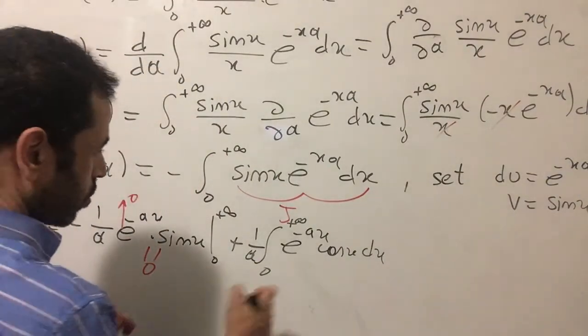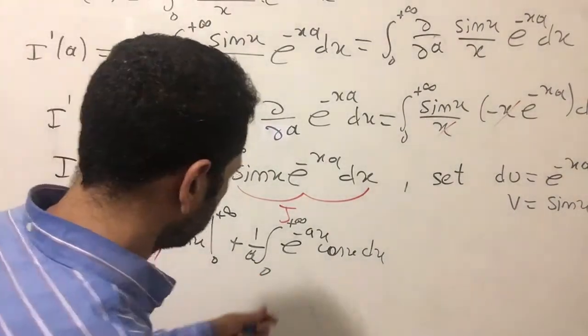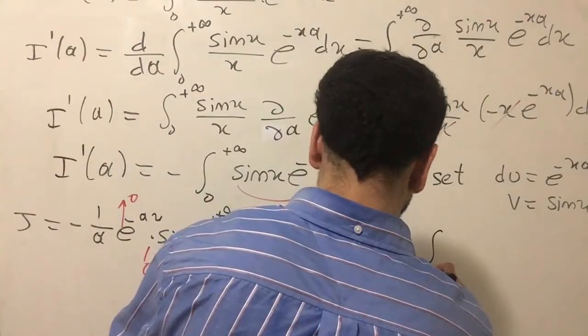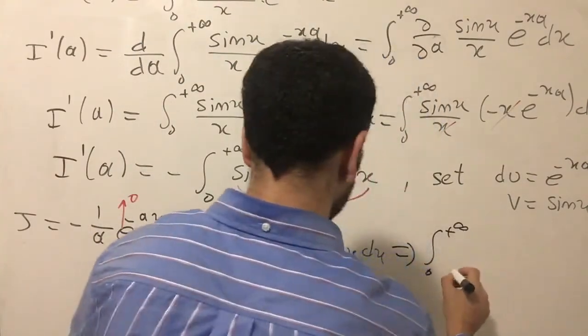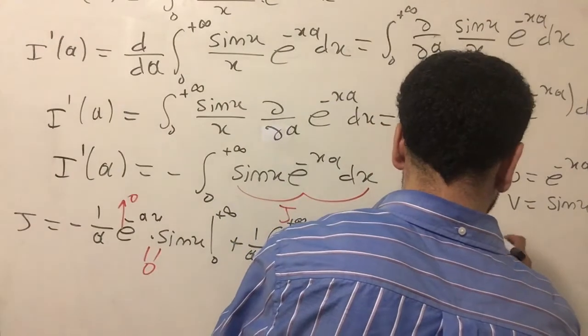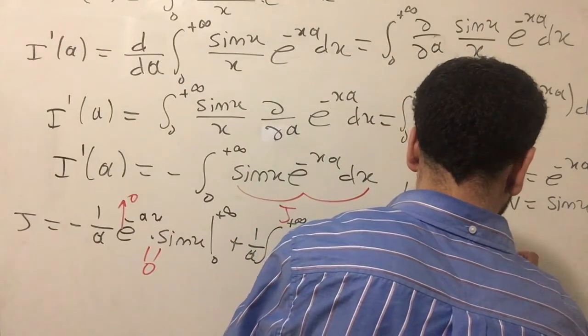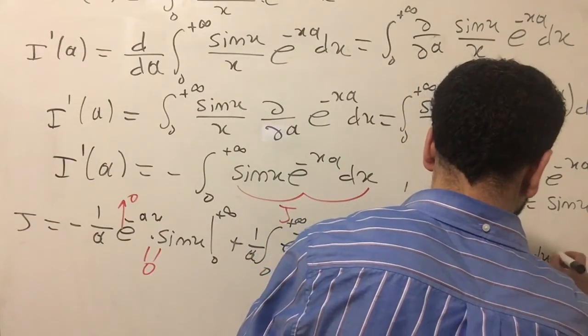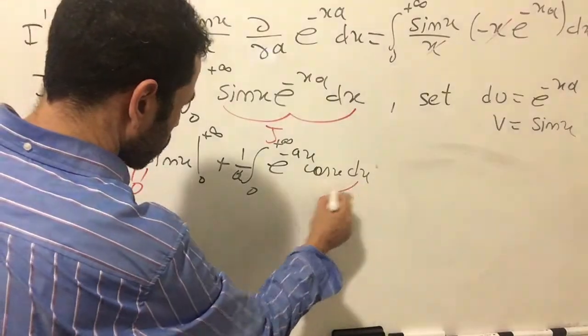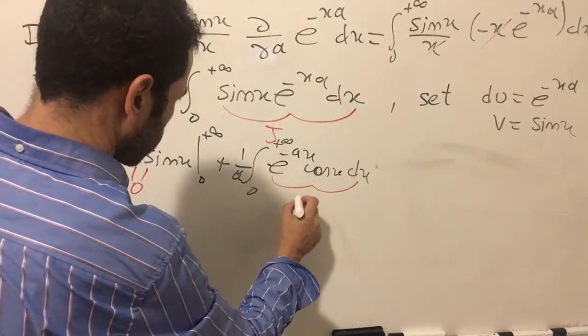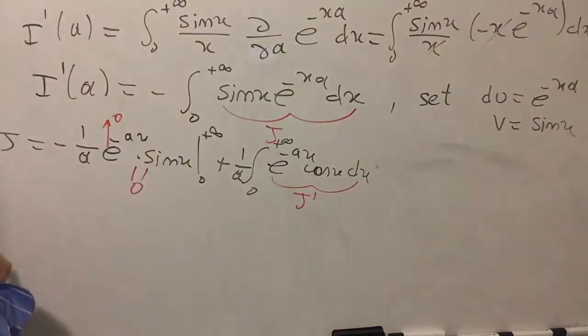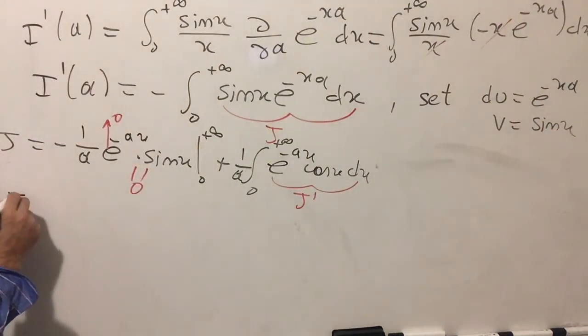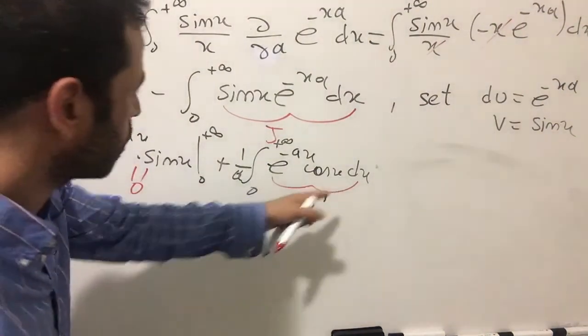For this remaining integral, I'm going to do integration by parts again: the integral from 0 to plus infinity of e to the minus ax cosine x dx. Let's call this G prime. So for G prime, I'm going to do the same thing by parts.